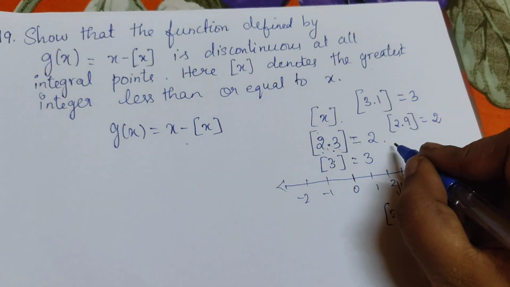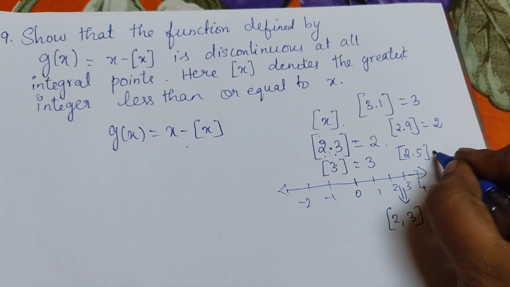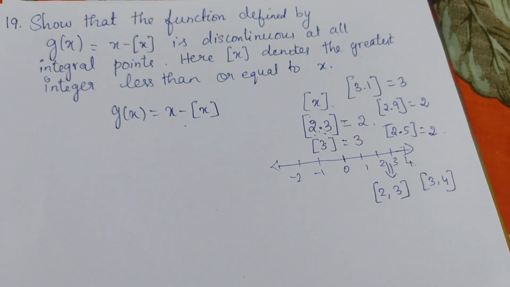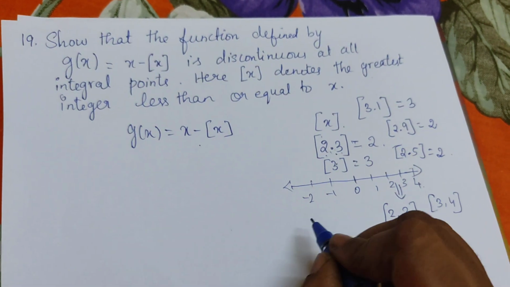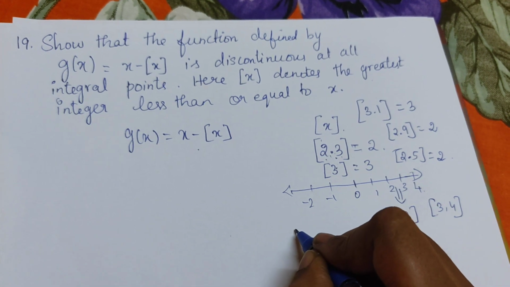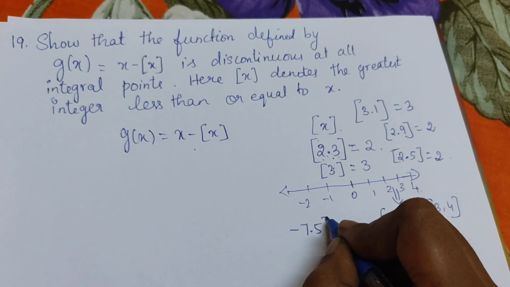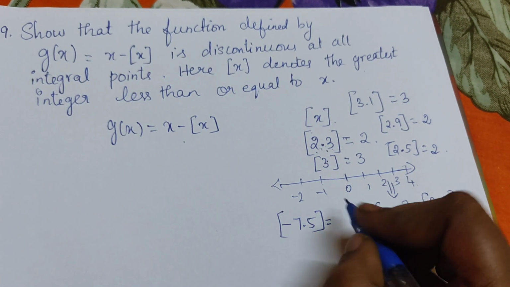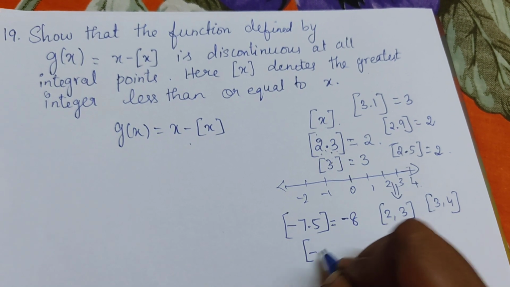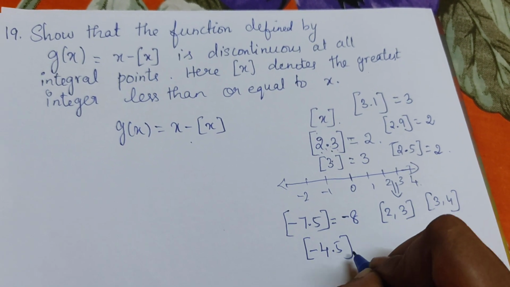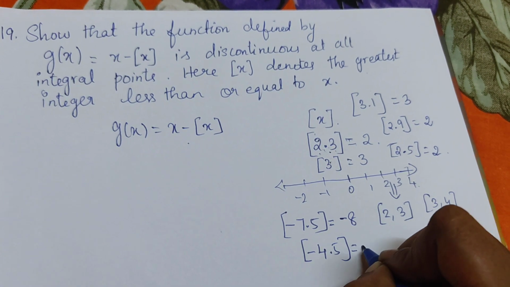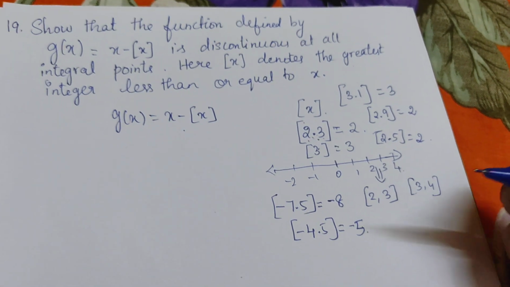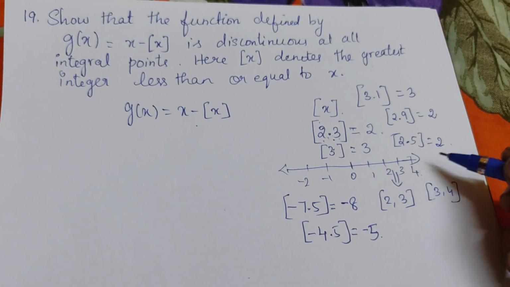For 2.5, its value will be 2. So this is the greatest integer function. It is defined for negative values too. Suppose our value is minus 7.5. The greatest integer less than this will be minus 8. And for minus 4.5, the greatest integer lesser than this will be, sorry, minus 5. So this is the greatest integer function definition. We have to know this.